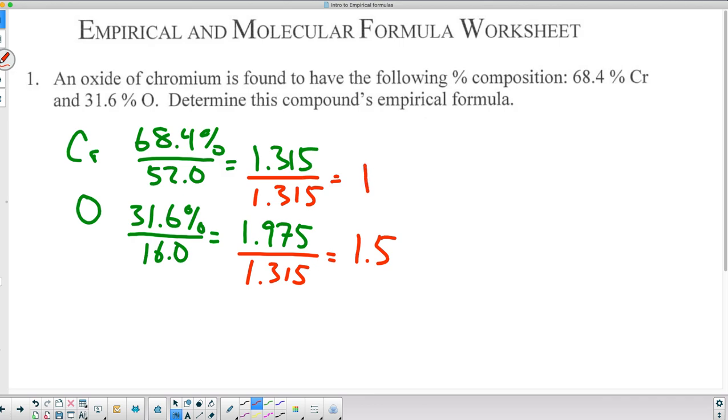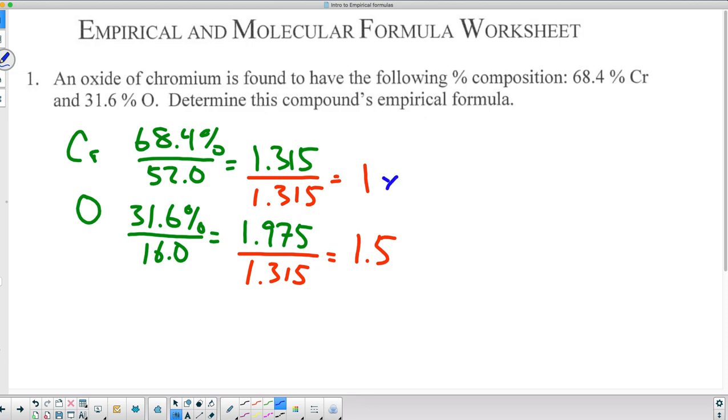So I get a 1 here because 1.315 divided by 1.315 is a 1, and 1.975 divided by 1.315 is 1.501 or 1.502. So that is close enough to a 0.5.